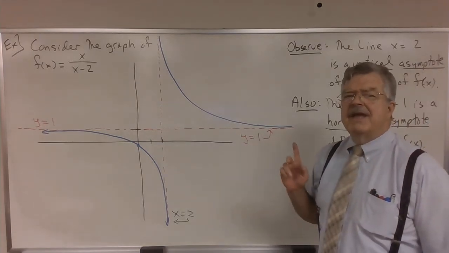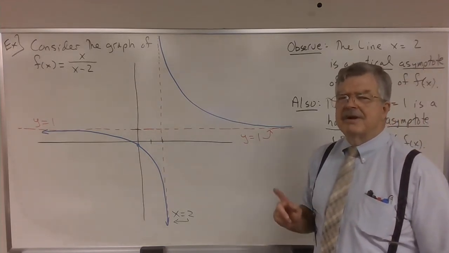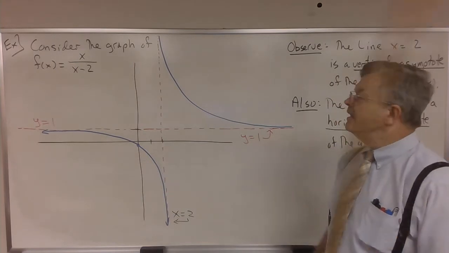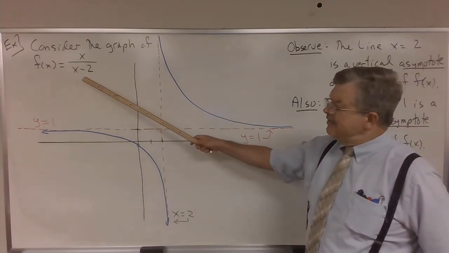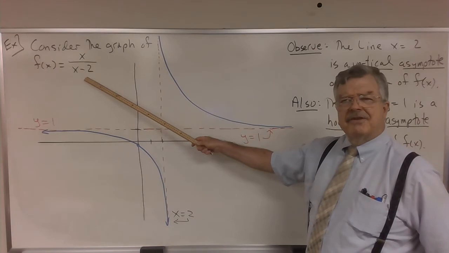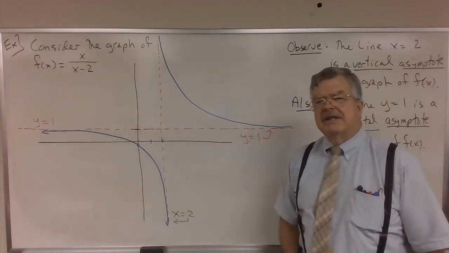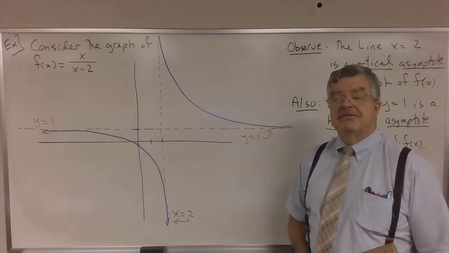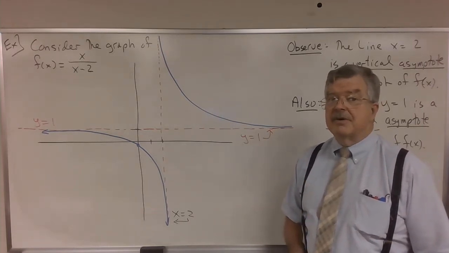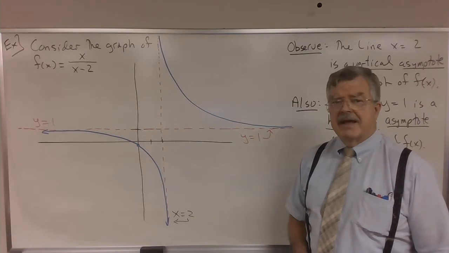We have a vertical asymptote at x equals 2. Is there anything about the definition of this function f of x that might lead us to believe that something noteworthy is going to happen at x equals 2?